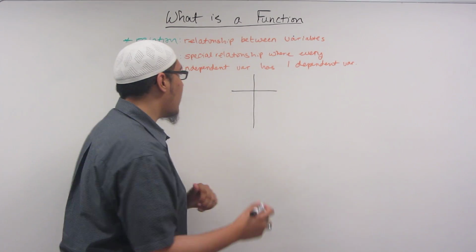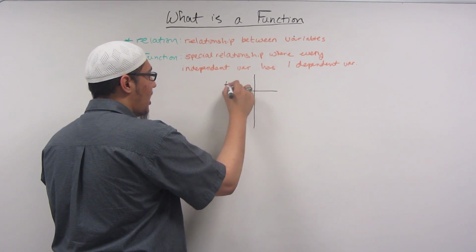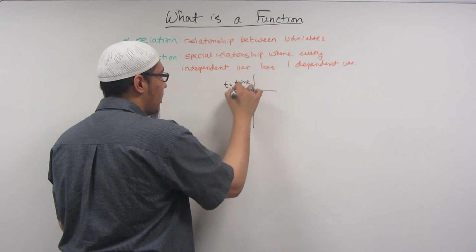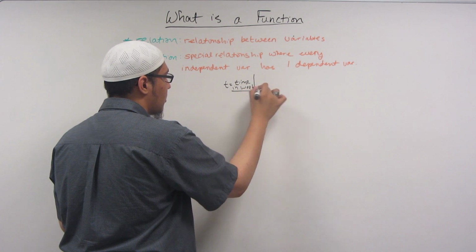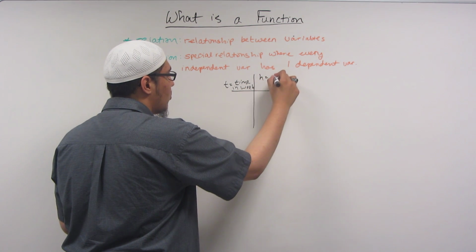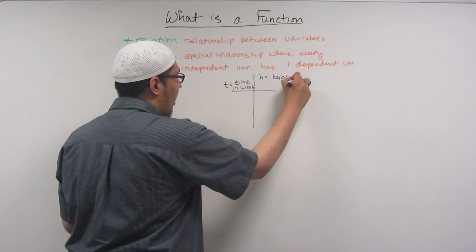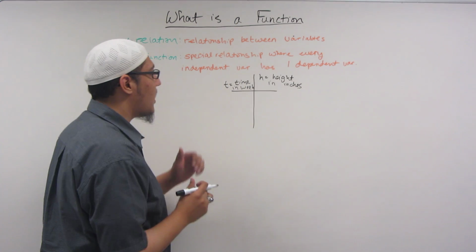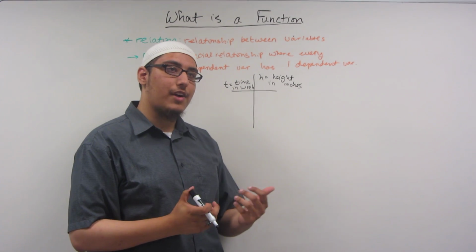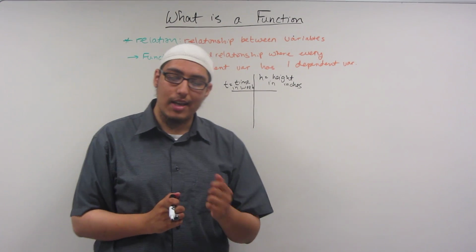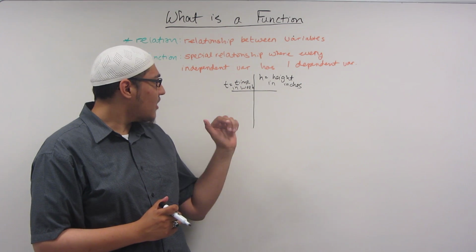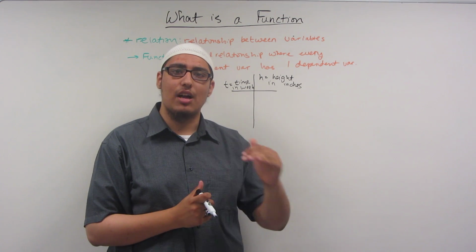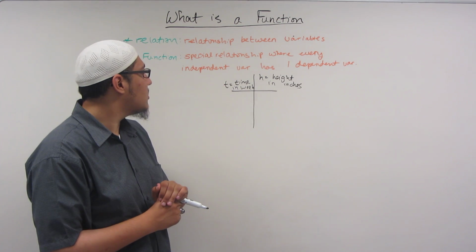So let's say that t is equal to the time in weeks, and h is equal to the height in inches. Now the idea is that the time is your independent variable and the height is dependent. Why? Because your height depends upon how much time has gone by. That's the dependent there.